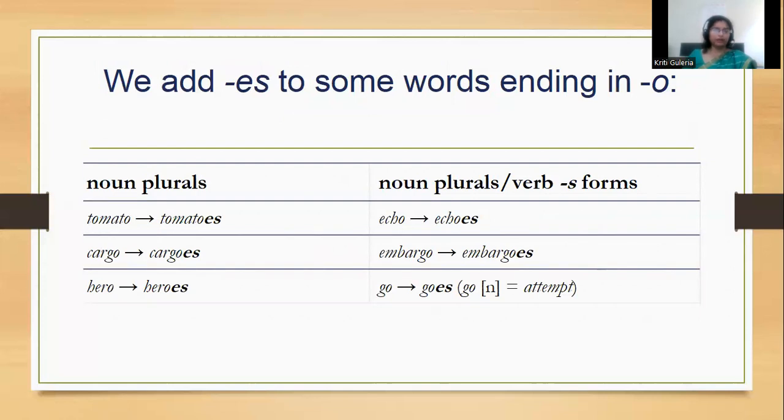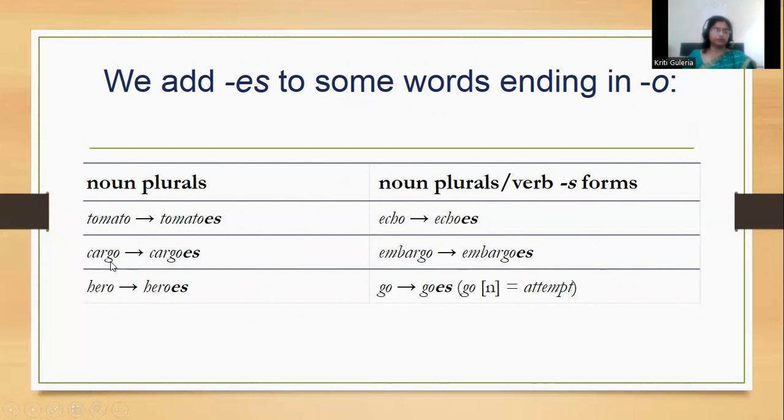After that, we come to words which end in o. With a word ending in o, we don't have to change anything. With o only, we have to add es. For example, tomato ends with o, so we add es after that. So tomatoes.